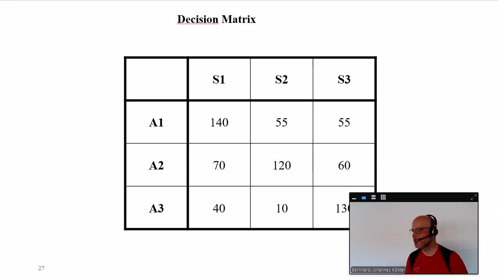So my loss is just 0, okay? But here 140 minus 55, I lose the possibility, although it is of course lower, I lose 55. So 140 minus 55 would be then my transformed value.